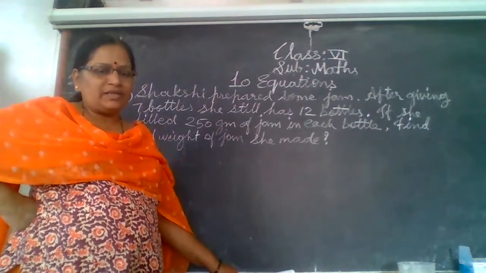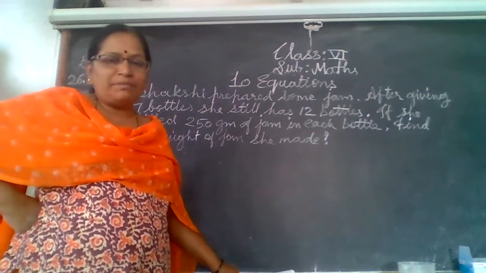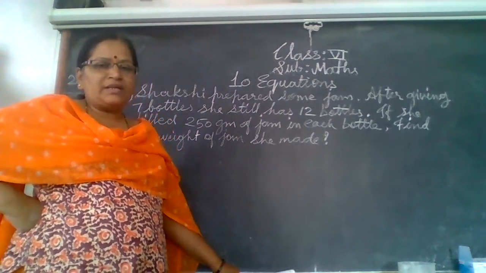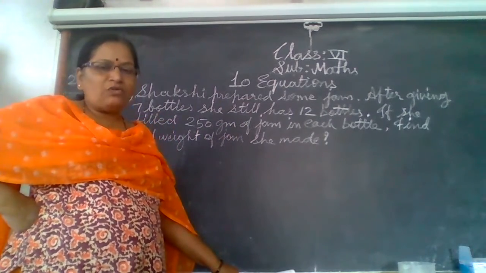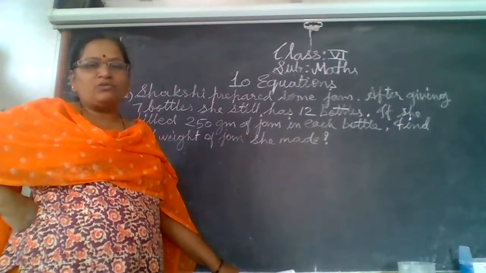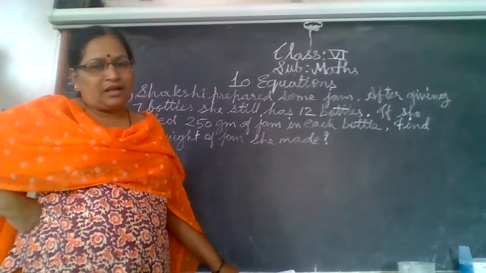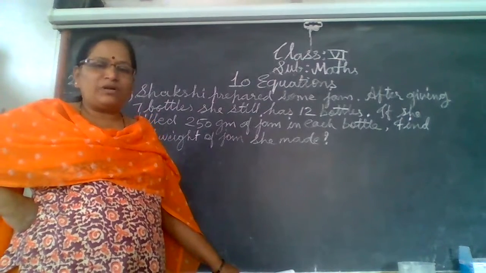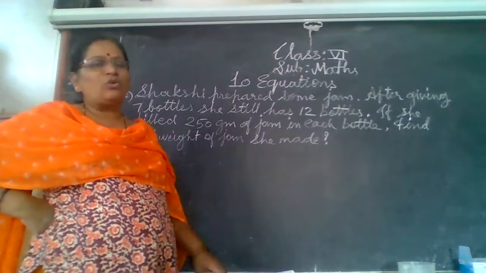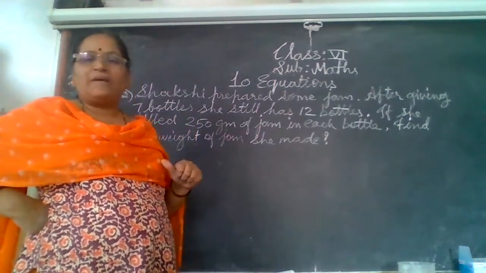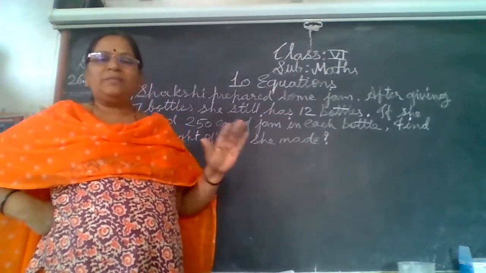Actually, the question is quite lengthy. Sakshi prepared some jam. So how much jam she prepared? We don't know. So we will take x bottles of jam she prepared. After giving 7 bottles, so out of this x, she gave 7 bottles to her friend. She has now 12 bottles left with her. Now see children, the weight of each bottle is 250 grams. So you have to find out the total weight of the jam that she made. So for that, we have to know the number of bottles she made.